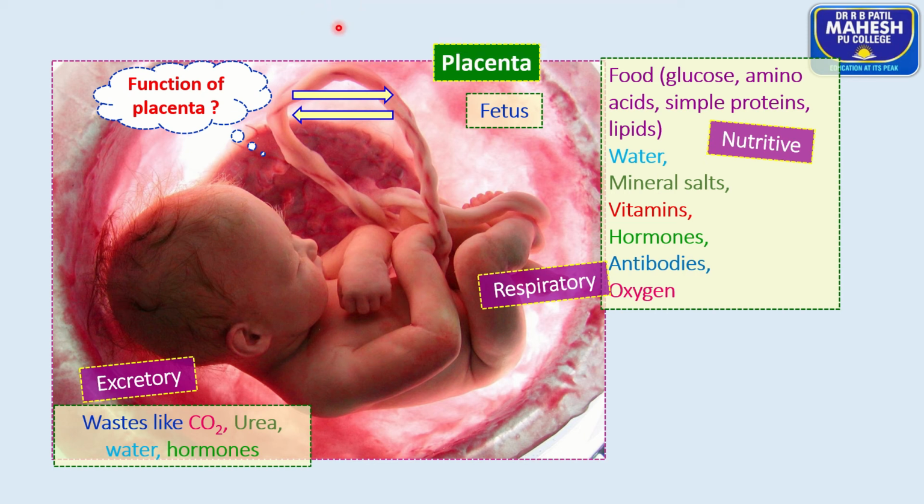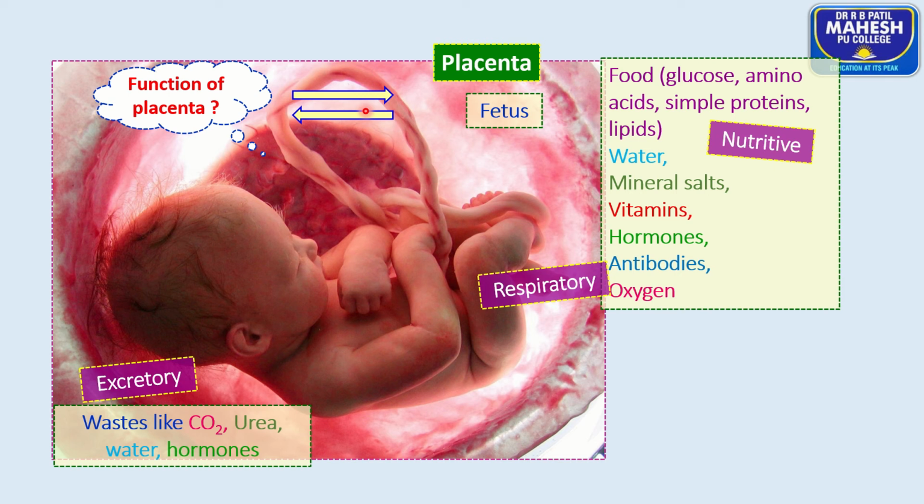fetal excretory system. Why? Because you already know that the fetus is living, and biochemical activities, a high rate of metabolic activities, take place continuously. As a result of metabolic activities, one useful product is produced, that is ATP, and along with the useful product, waste substances are produced such as carbon dioxide, urea, water, and hormones.